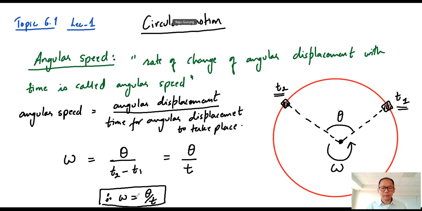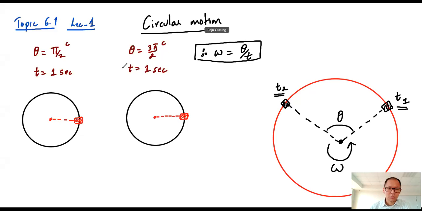Let's try to understand this in a little more detail. Let us look at these two situations here. In the first observation, theta equals pi over 2 radian and the time interval is just 1 second.